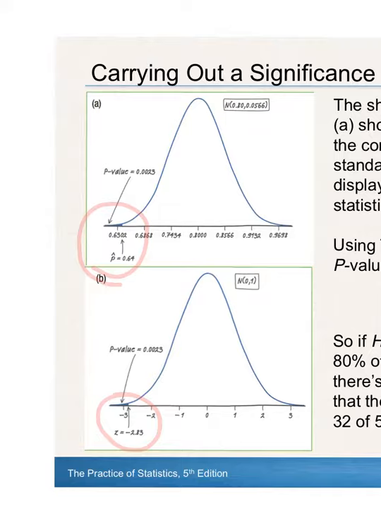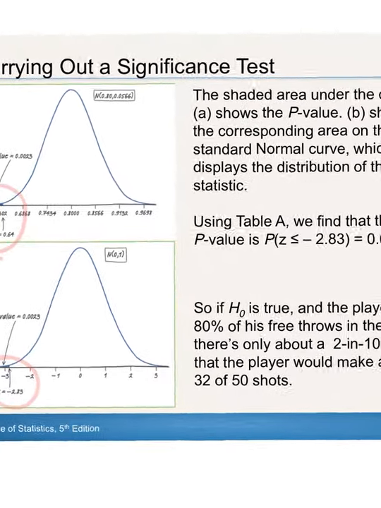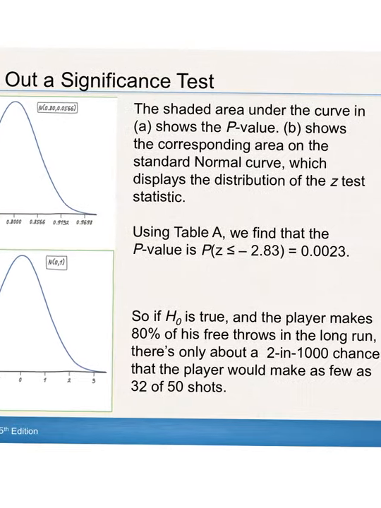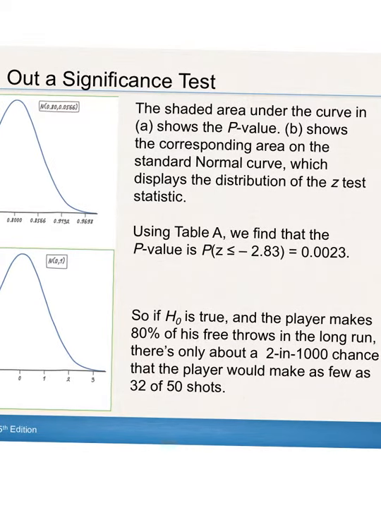So the negative 2.83, if we use our table and find the probability of that area under the curve to the left of negative 2.83, it's a really small number. It's less than 1%. So if the null hypothesis is true and the player makes 80% of his free throws in the long run, there's only about a 2 in 1,000 chance that the player would make as few as 32 out of 50 shots.